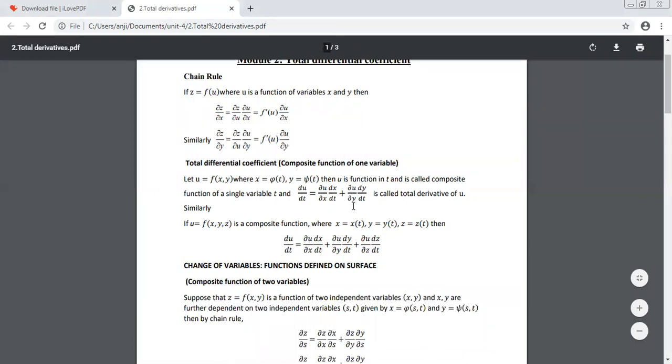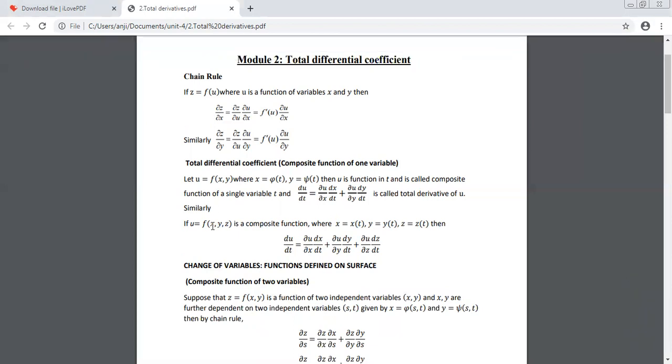Again x, y and z are in terms of t. So du/dt is equal to ∂u/∂x into dx/dt plus ∂u/∂y into dy/dt plus ∂u/∂z into dz/dt.